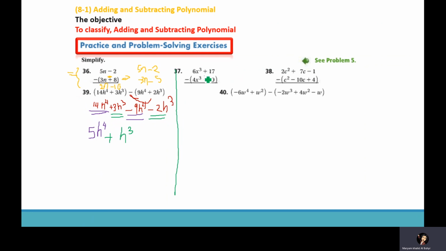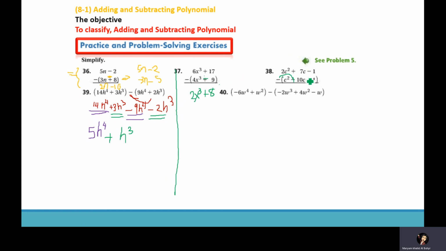Here again, you can directly put your minus here and directly work on it, and the minus here for this one also. So 6 minus 4, 2x to the power 3. 17 minus 9 is equal to 8. So plus 8, since 17 is bigger, so plus 8. Now this one, again, you will change the sign. Once you distribute, you will change the signs that you have.